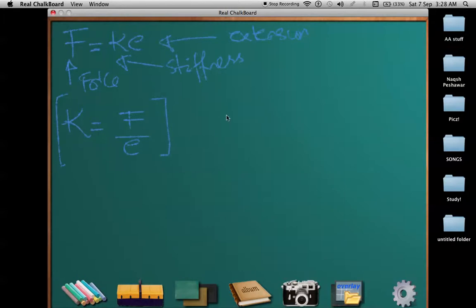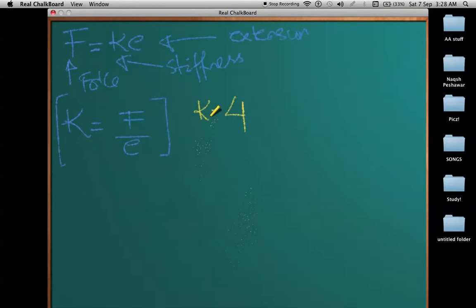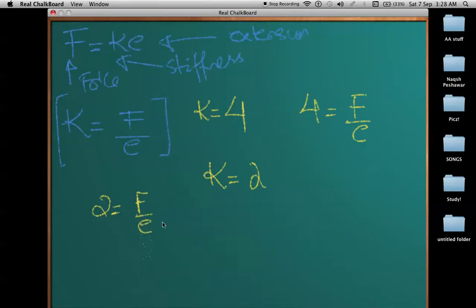Let's say there are two values of K. One value of K is 4. The other value of K is 2. Let's just put 4 here: 4 is equal to F over E, and 2 is equal to F over E.